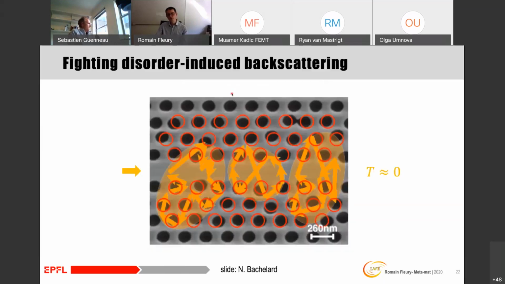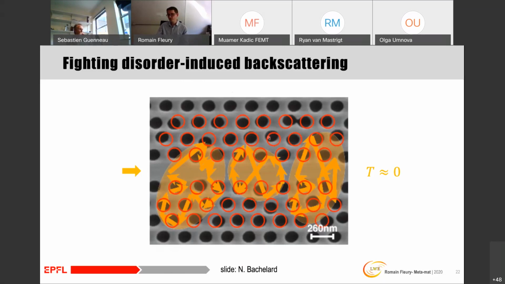Why do I want to do this? Often in photonics, or even in wave engineering, when you build a device, like a photonic crystal or metamaterial, very often you have geometrical tolerances, and what you build is not exactly what you wanted. So there is a difference between what you intended to build and the actual system you get.